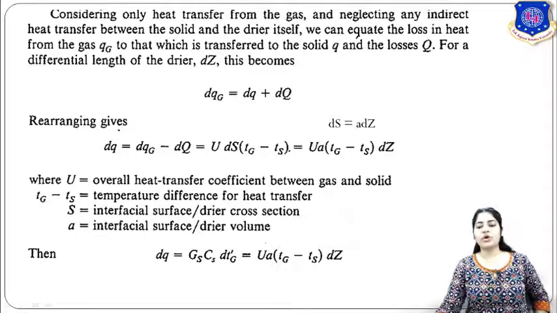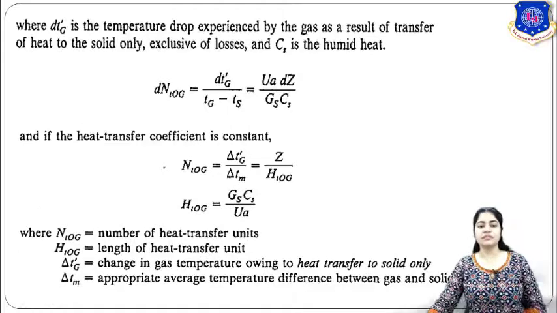But you can also represent your heat transfer in terms of the flow rate of your dry air. So what is that? Gs, the mass flow rate of your dry air, into the humid heat Cs, into the differential temperature difference, is again equal to UA into delta T into dz. Now dTg dash, what is it? That is the temperature drop in your gas because of the transfer of heat from gas to wet solid.